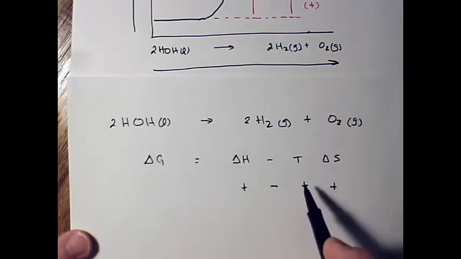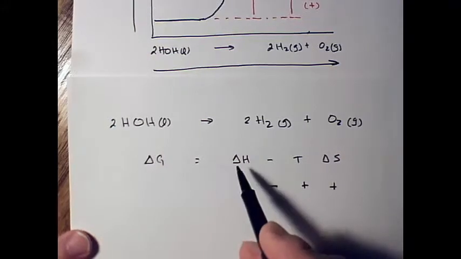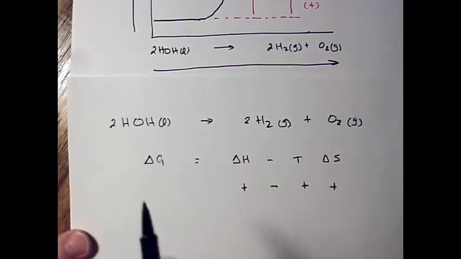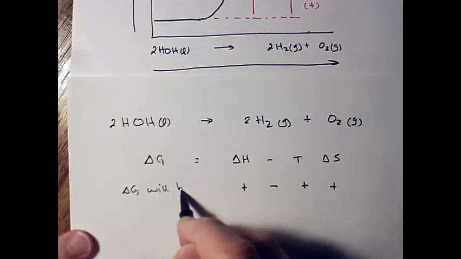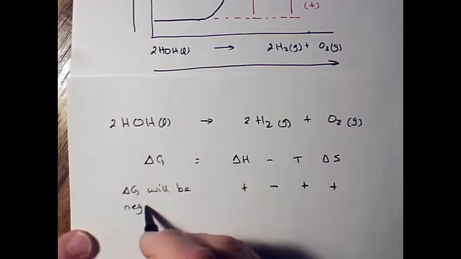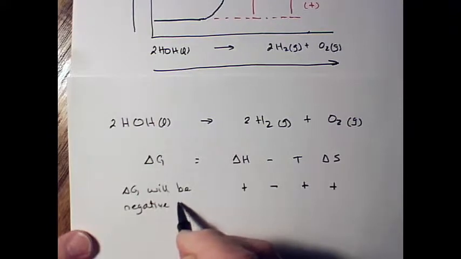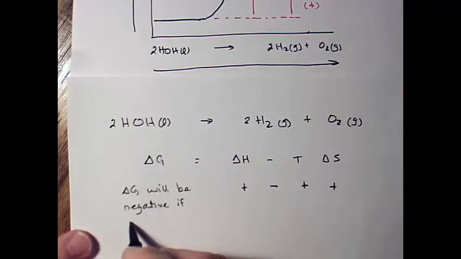If T is large enough to make this whole term altogether larger than delta H. Okay? So, delta G will be negative if T is large enough. Does that make sense?